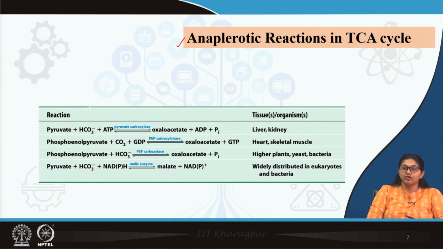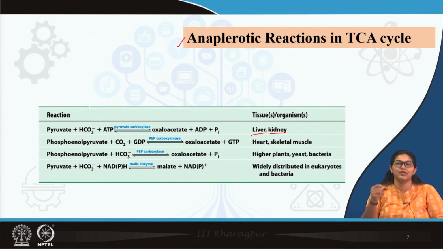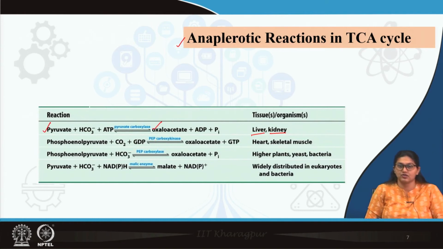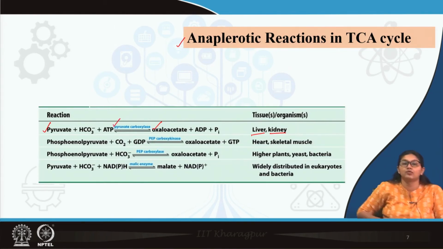The most important one occurs in the liver and kidney, remember these two. You will see that in metabolism the liver plays an important role. Wherever some important pathway is happening, the liver has some role. So, here also, with TCA cycle anaplerotic reactions, one of the important ones is conversion of pyruvate to oxaloacetate. Basically the concentration of oxaloacetate is replenished and it is formed from pyruvate with the help of the enzyme pyruvate carboxylase.